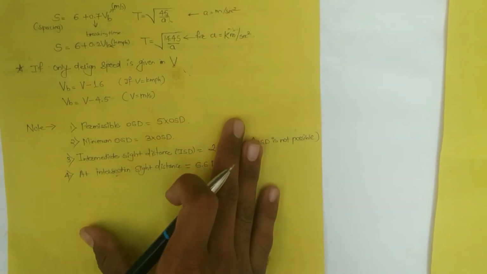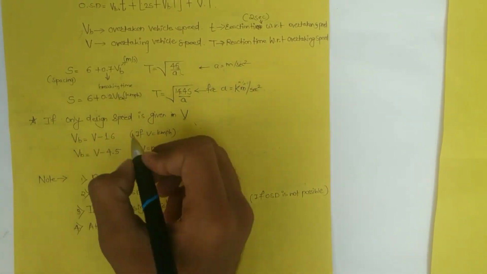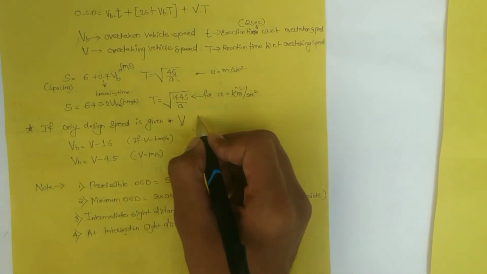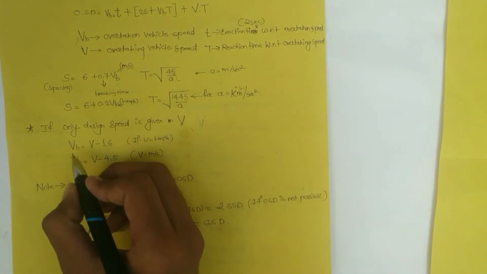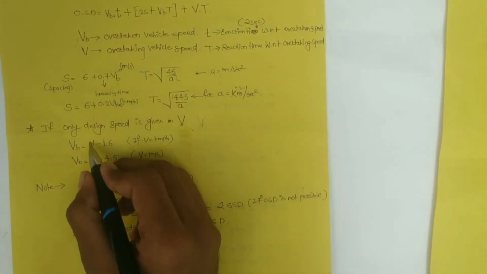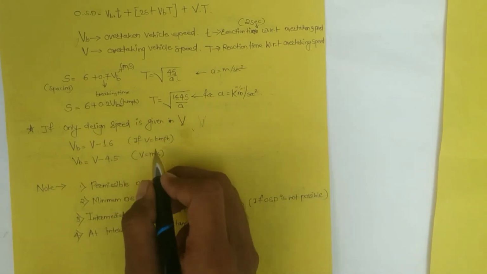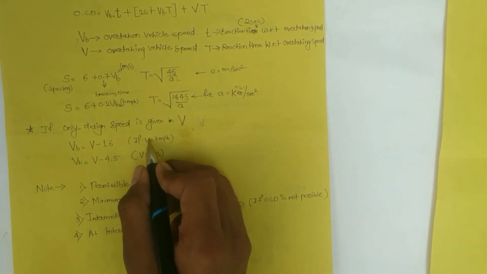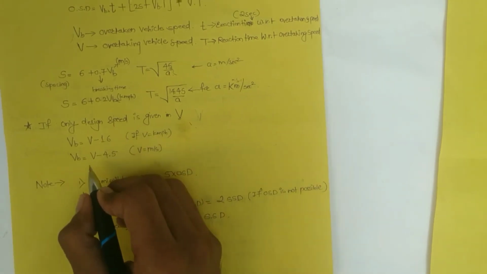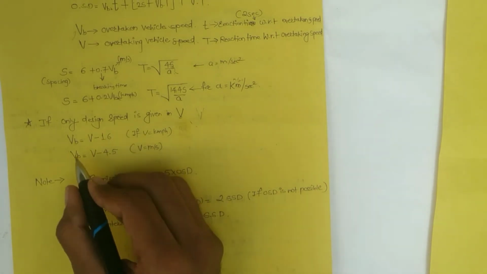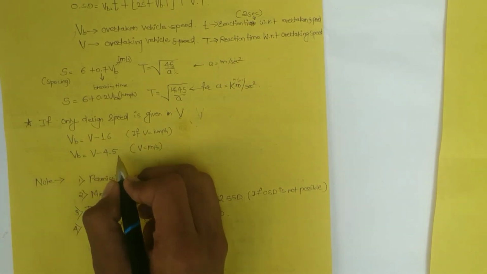Before moving forward, if in the question only the design speed V is given, the VB, that is the overtaken vehicle speed, is calculated by V minus 16, which is an empirical formula, where V is in kilometer per hour. If V is given in meter per second, the formula changes: VB is equal to V minus 4.5.